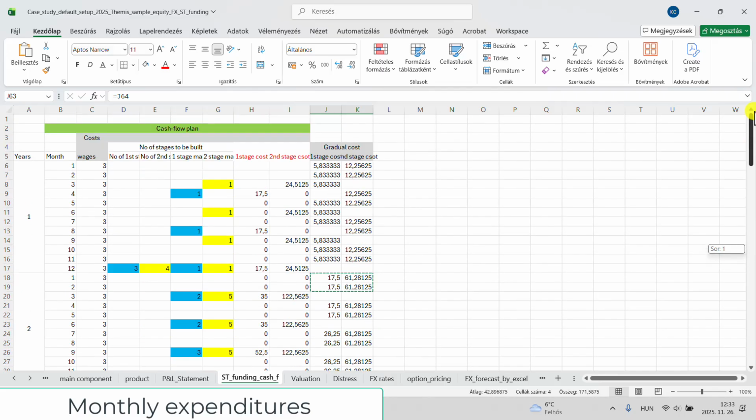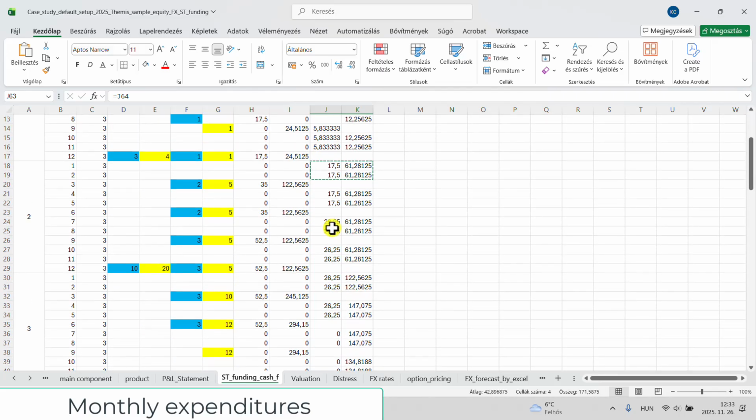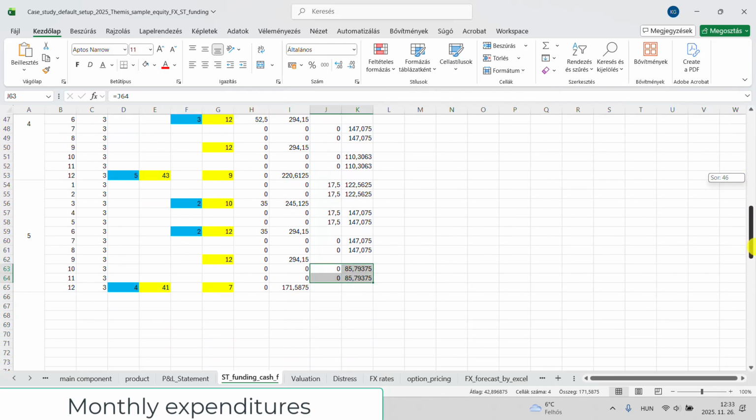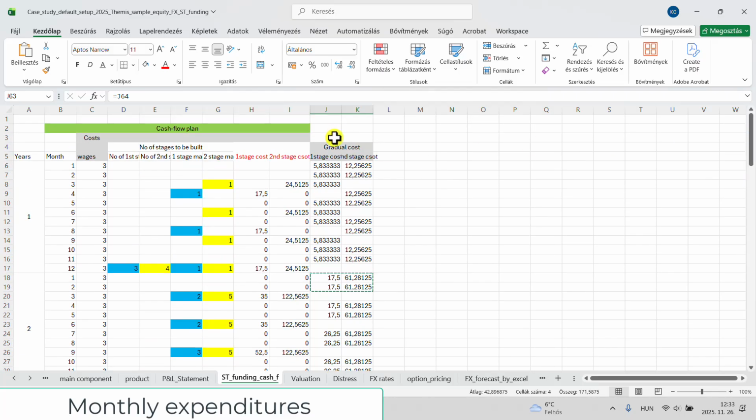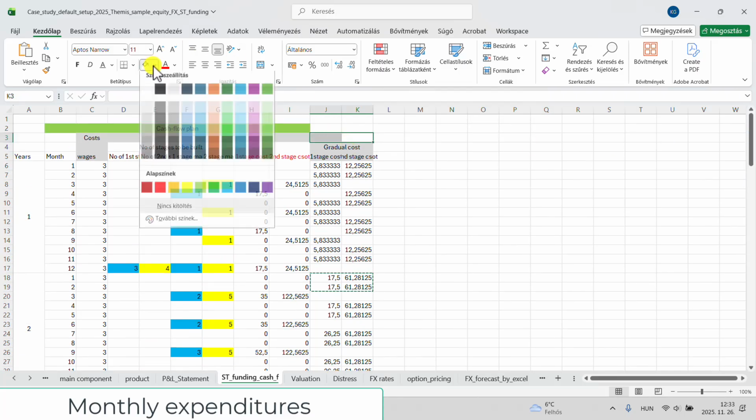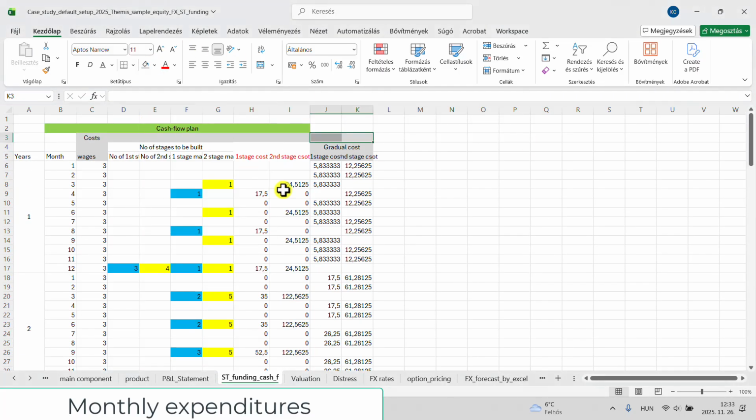So we have these production cycles at the beginning for 3 months, then within 2 months we are able to meet the quota, the demand, and this is how costs are rising.